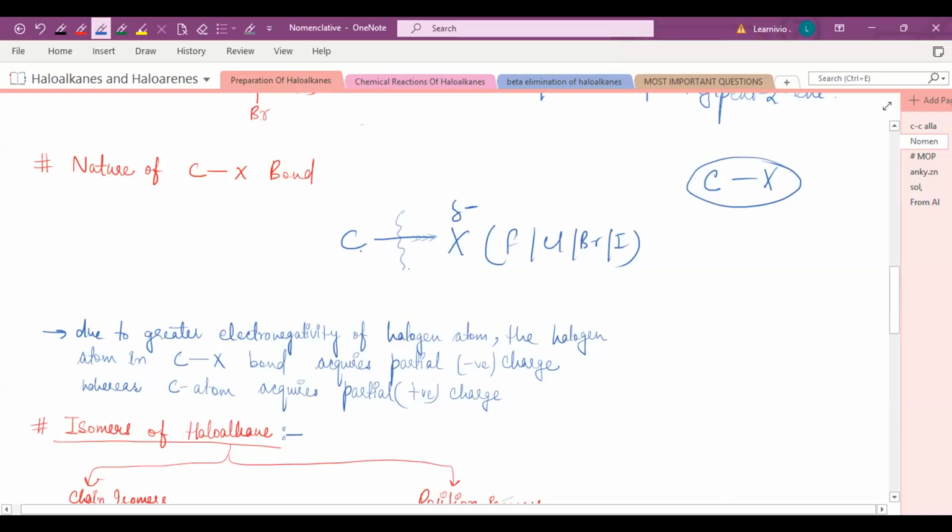The carbon is less electronegative, or you can say electropositive, so it will acquire a partial positive charge. So due to the greater electronegativity of the halogen atom, in the C-X bond the halogen acquires a partial negative charge and the carbon atom acquires a partial positive charge. Just remember this, very important. Okay, write down.